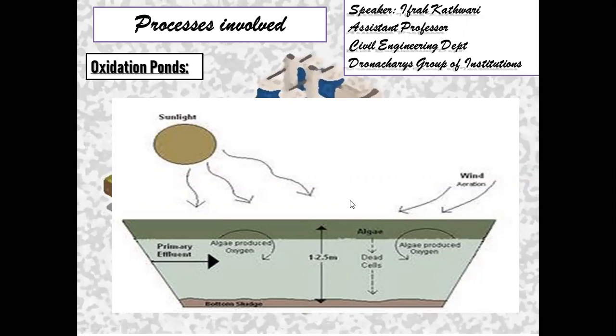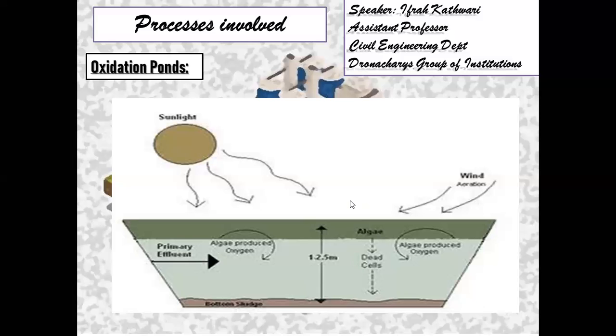This algae plays the key role in this process, wherein with the help of sunlight, the process of photosynthesis takes place. And the byproduct of photosynthesis is oxygen.